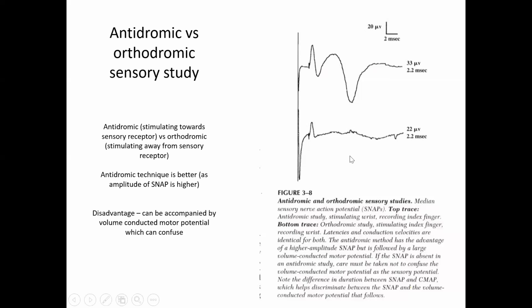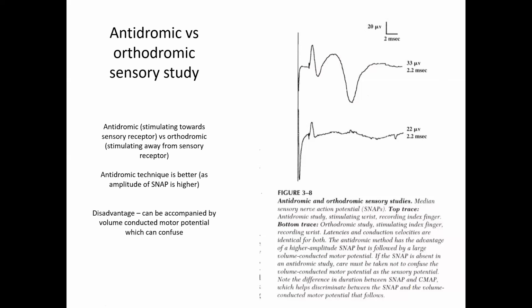The latency and conduction velocities tend to be identical for both. The antidromic method has the advantage of a higher amplitude SNAP, but it is followed by a large CMAP. See here, you can get a large CMAP coming in an antidromic test.